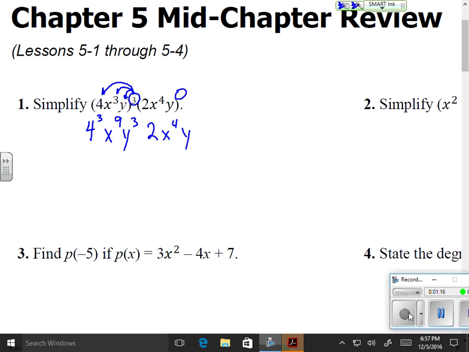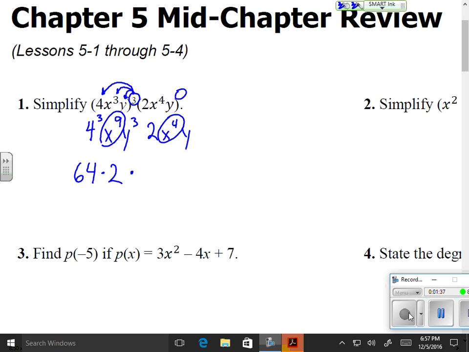In the next step, we'll need to evaluate 4 to the 3rd is 16 times 4, which is 64. We also have a times 2, and then we'll also multiply x to the 9th times x to the 4th.